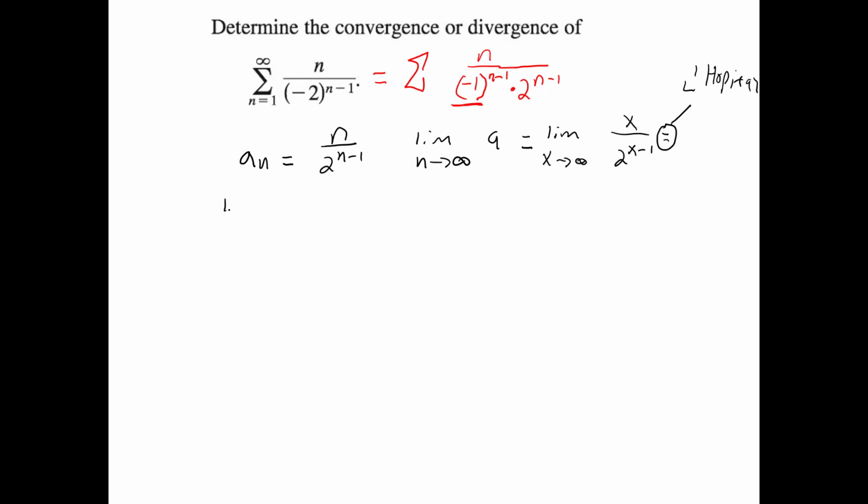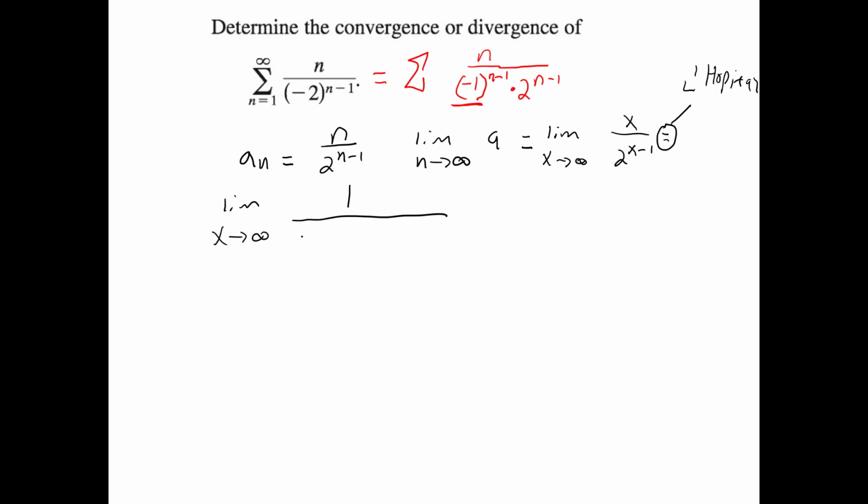For the limit as x goes off to infinity of the derivative of the numerator, 1, over the derivative of the denominator. And so that will be, since it's 2 to the x minus 1, that's an exponential function, but it's to the x minus 1, not to the x, so we have a composition there.